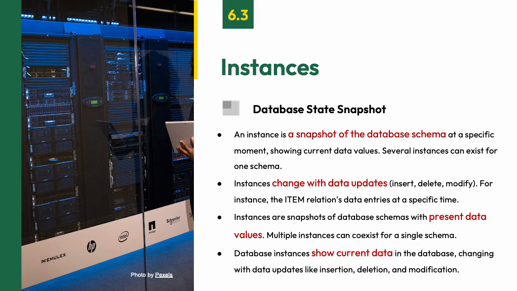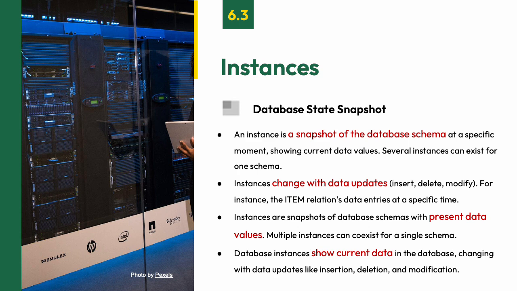For an example, I can give you a database with a schema that defines a table for items in a store. For example, we have a table named item, with the columns item ID, name, and price.